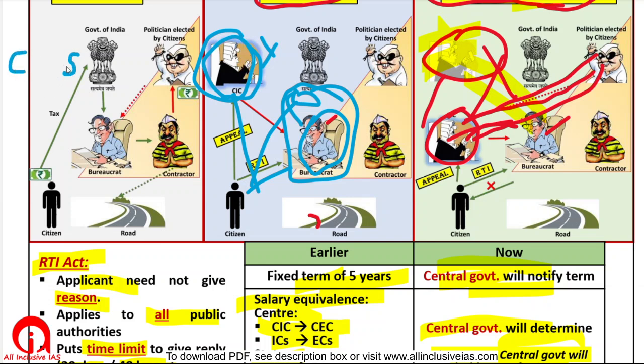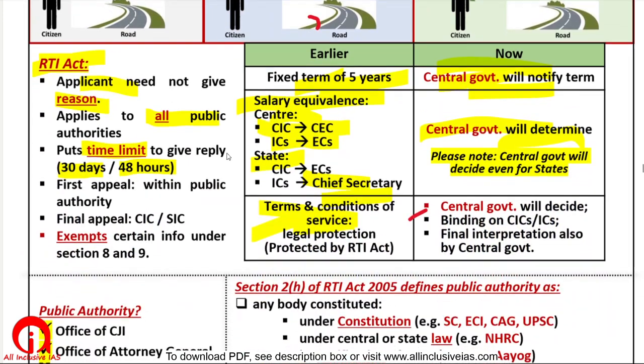You have a problem with their RTI, you go to the State Information Commissioner. You have a problem with the central government's reply, you go to the Central Information Commissioner. These are two different things. You can't say that in appeal to SIC I will go to CIC. No such thing is there. So the final appeal lies with the CIC for the center and SIC for the state, and some information can be exempted under sections 8 and 9.